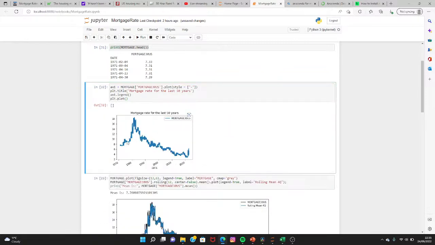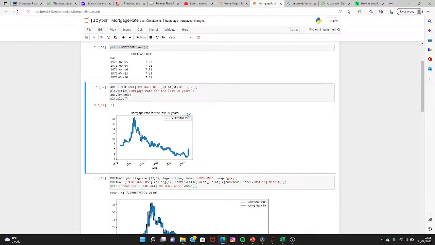You see the movement of the mortgage rate from 1971 until 2022. What is interesting is that for much of the 70s, 80s and 90s, the mortgage rate was well above 6%.